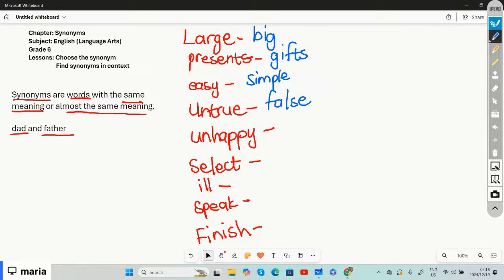And another word for unhappy, we can say sad. If somebody is unhappy, then we can also say that the person is sad, right? Meaning that they are not happy, they are sad. Another word for select.